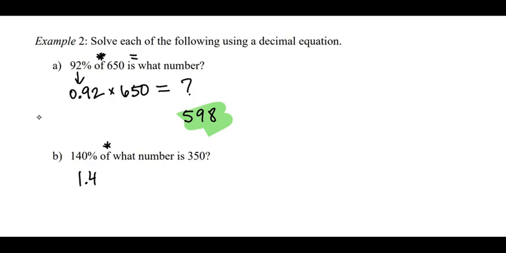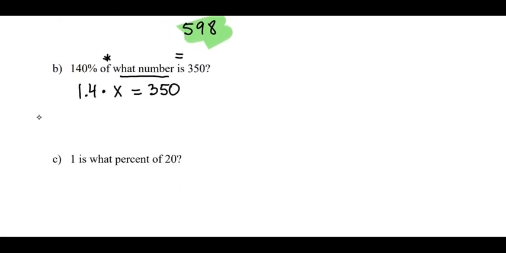Of is the multiplication symbol, so times. We do not know what number, so we're going to put x. So 1.4 times x equals 350. Is is always the equal sign. All right, so here's our equation: 1.4 times x equals 350.